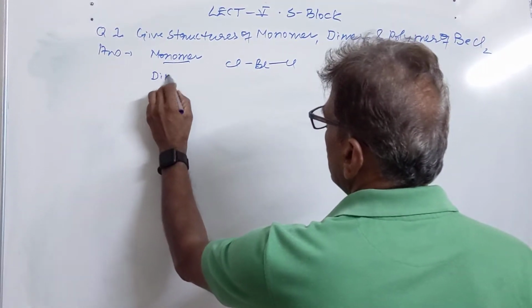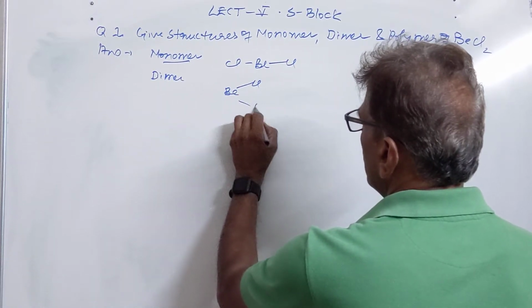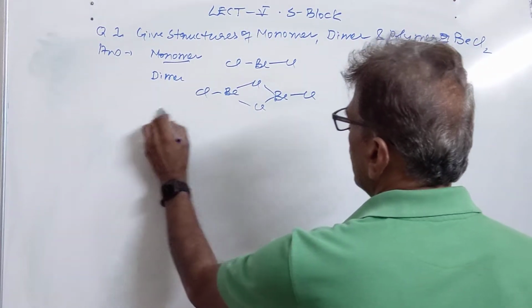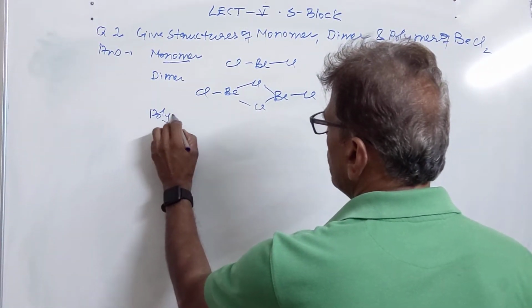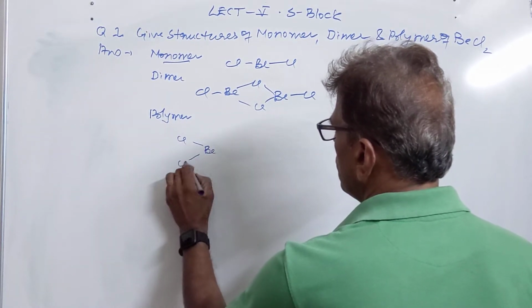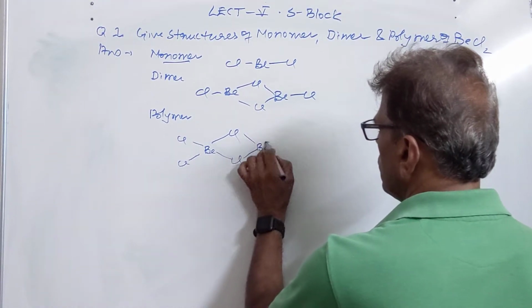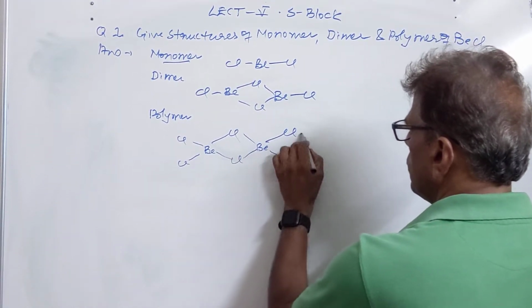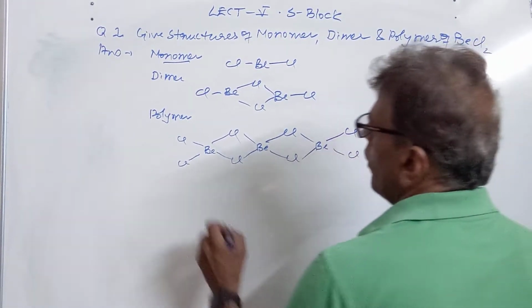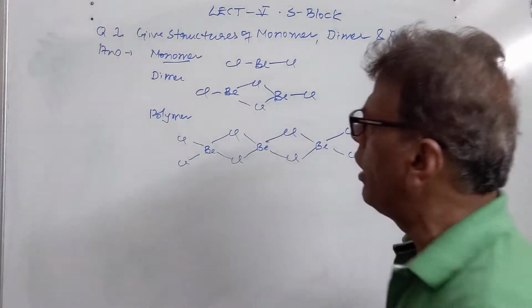Then we have the dimer, then we have the polymer. So these are the structures of monomer, dimer and polymer of beryllium chloride.